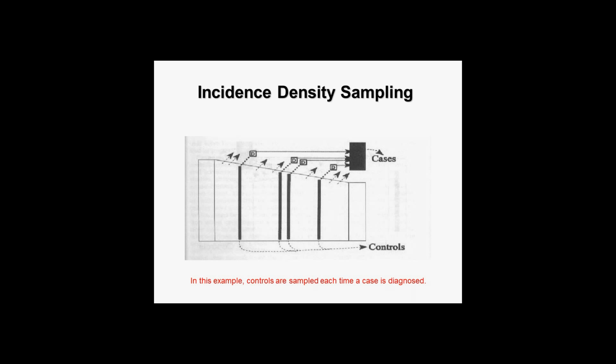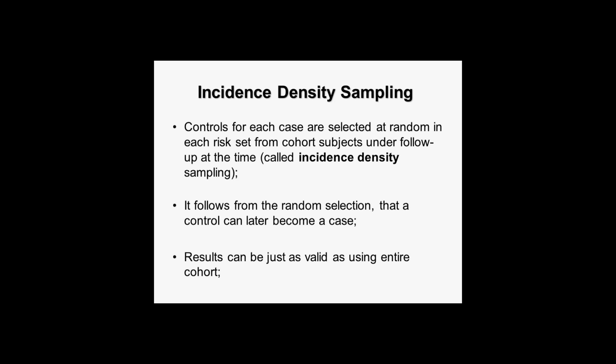So you can actually get incidence from a case control study, and this is how you do it, using incidence density sampling. The analysis is a little bit different than a regular case control study, but it's not too bad. It's something that's commonly done. And just, you have to be mindful, though, of one thing.